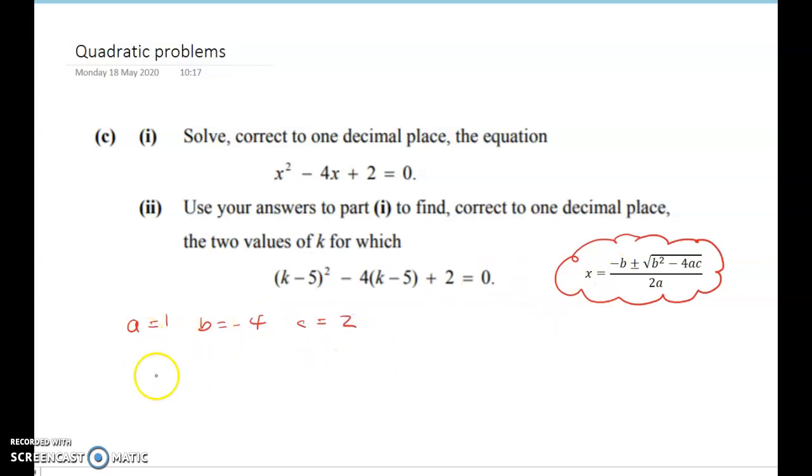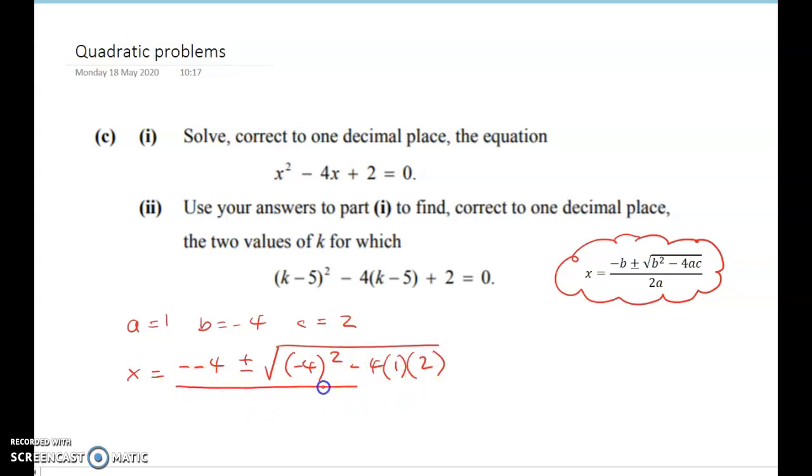If we use the formula, x is going to be minus -4 plus or minus the square root of -4 all squared, minus 4 lots of a, lots of c, all divided by 2 lots of a.